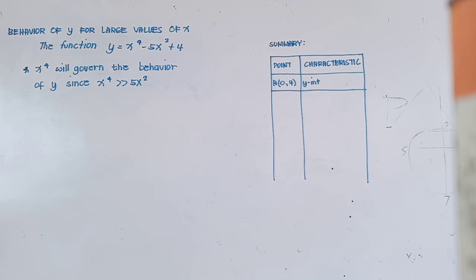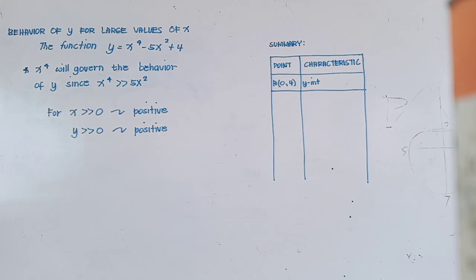It may be positive or negative, right? The result of substituting any large value of x to x to the 4th will be much greater than when the same number is substituted to 5x squared.